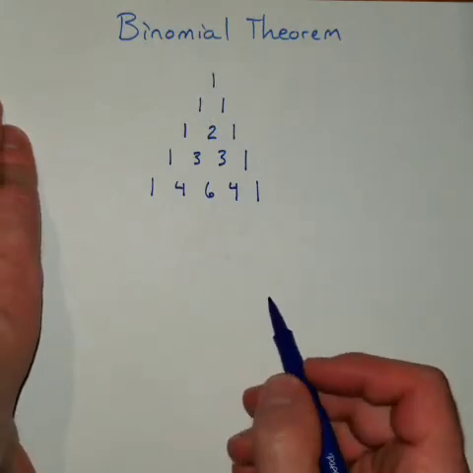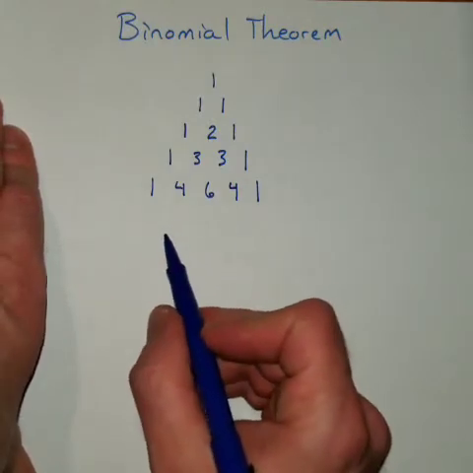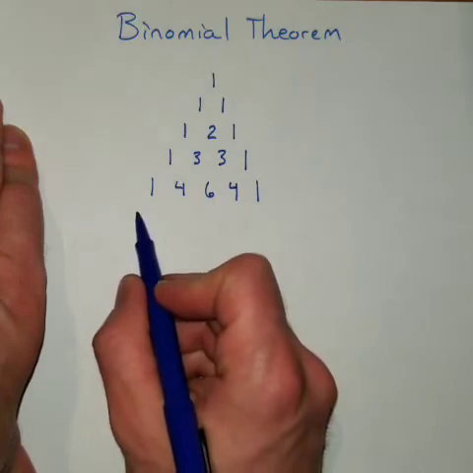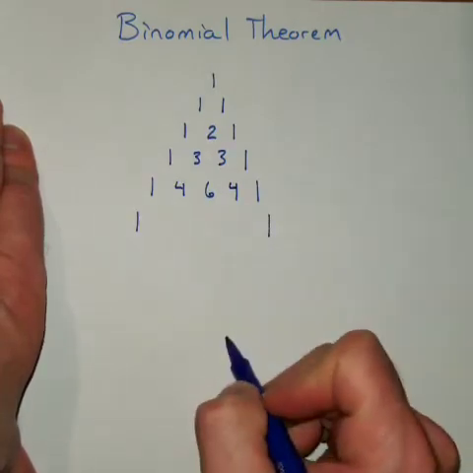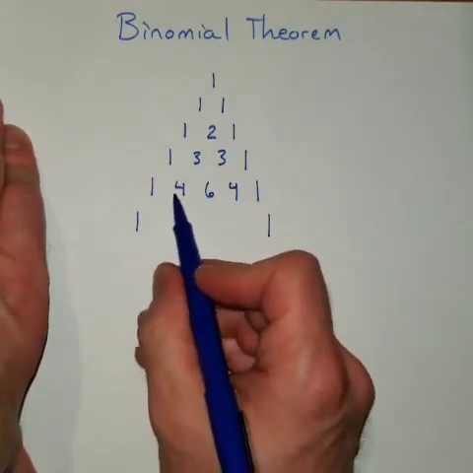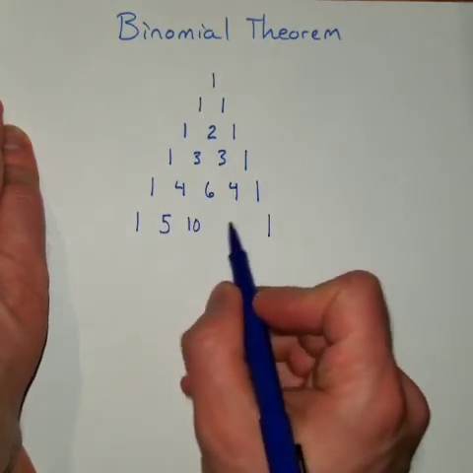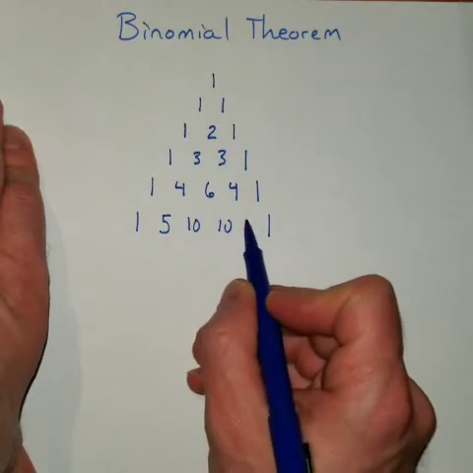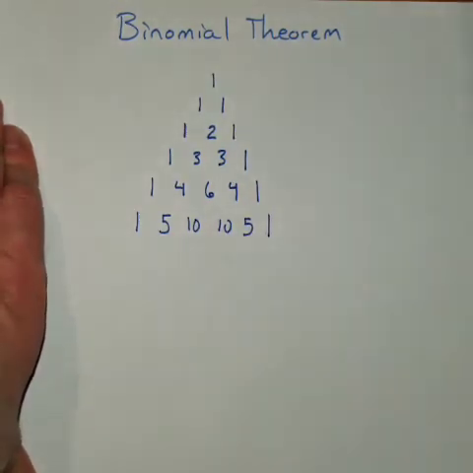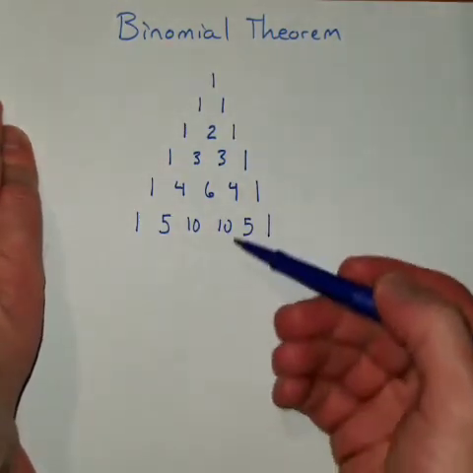We'll do one more for good measure. Throw the 1s in. 1 plus 4 is 5, 4 plus 6 is 10, 6 plus 4 is 10, 4 plus 1 is 5. And of course this could continue indefinitely.